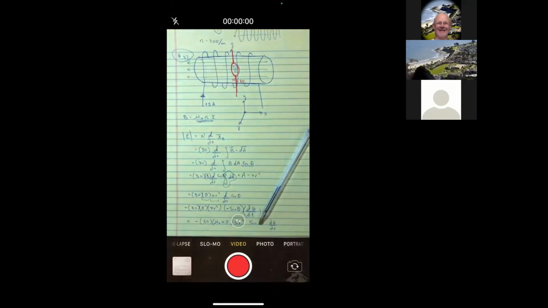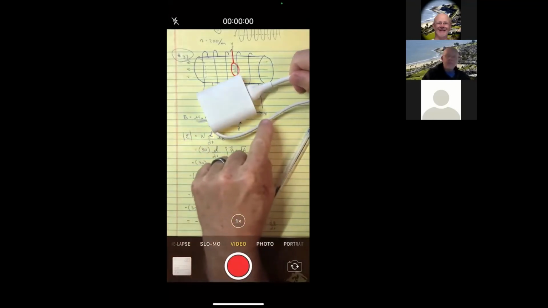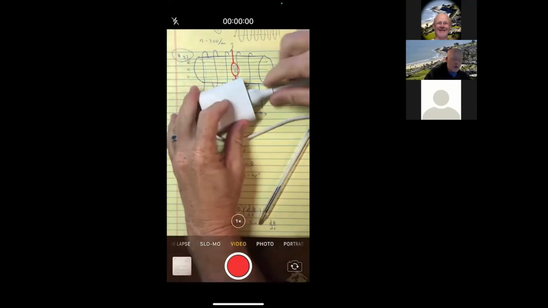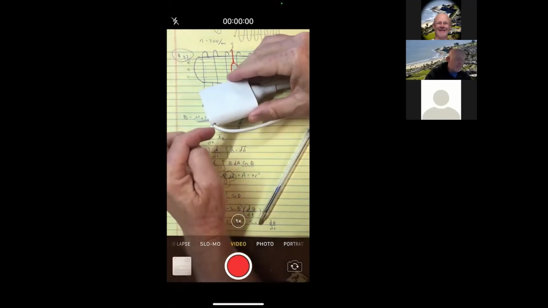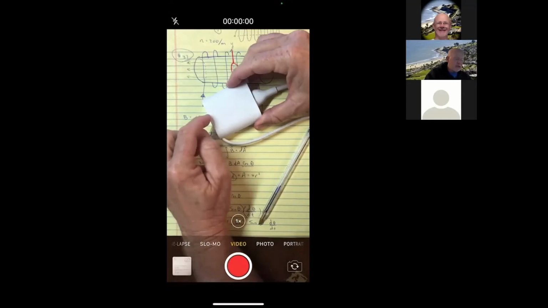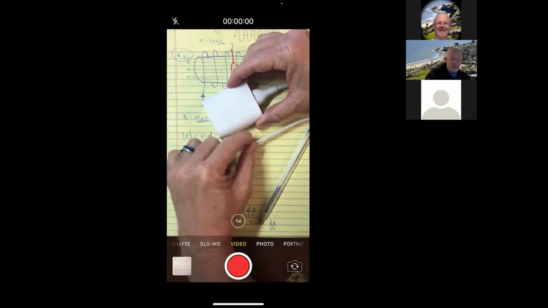Same thing with my laptop here. Here's the plug for my laptop. It goes to the wall, so what comes in here is AC, but then it has to convert it into DC, and that's what my laptop runs off of, and that's what my battery needs to charge it up.